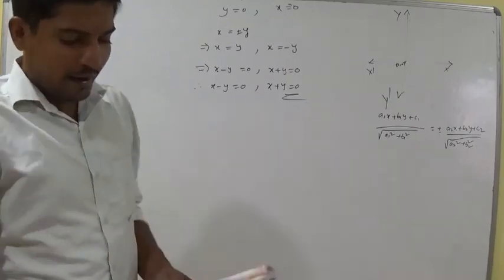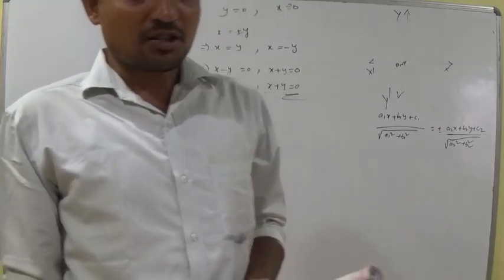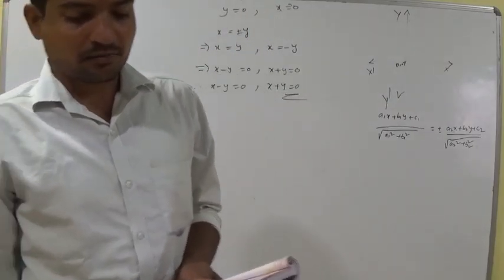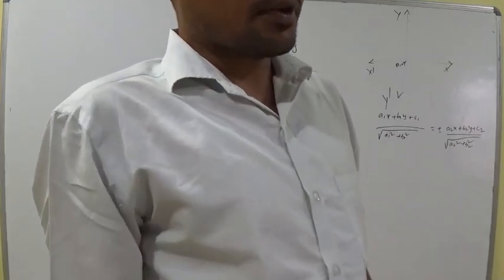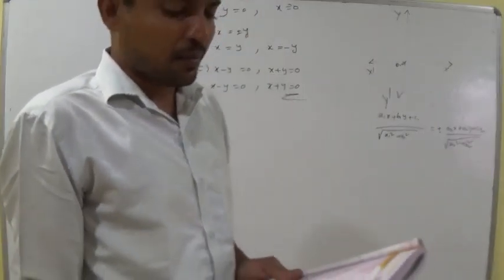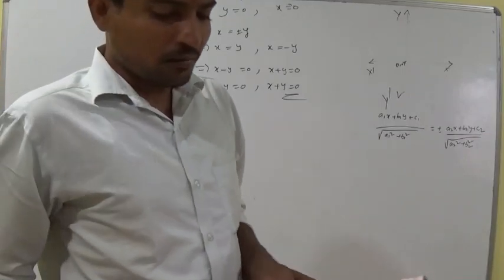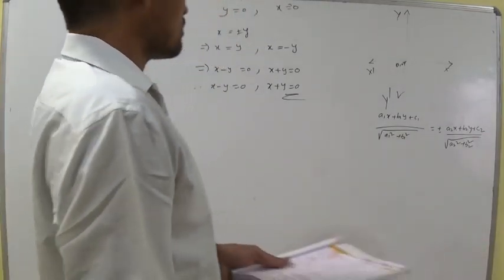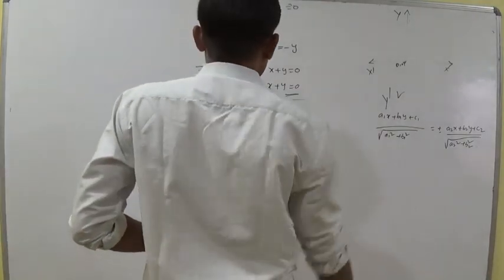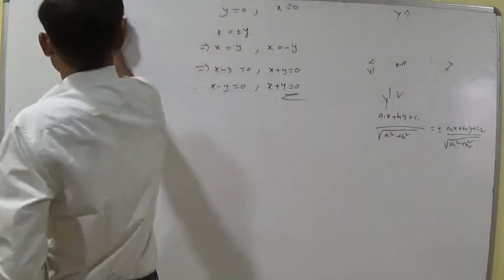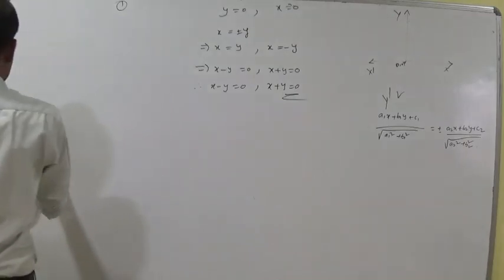Understand? Next, the angle bisectors of the lines x plus y plus 1 equal to 0, x minus y plus 1 equal to 0. Here we have to use the same formula. This is the first one, and this is the second one.